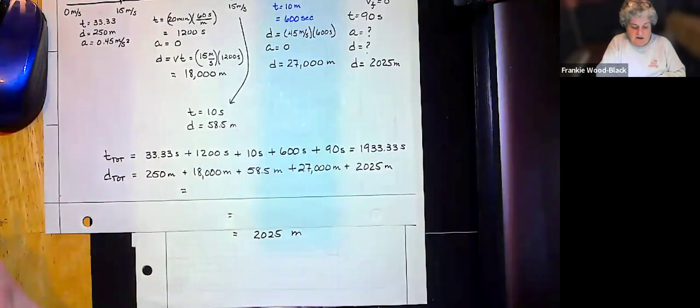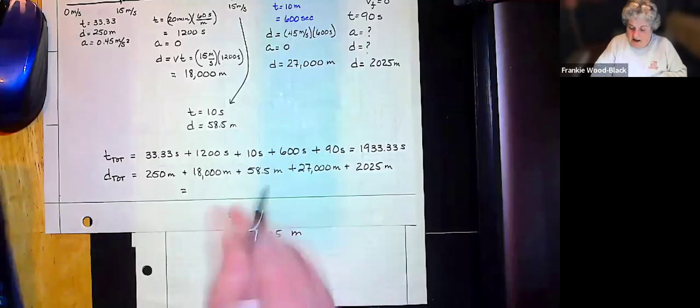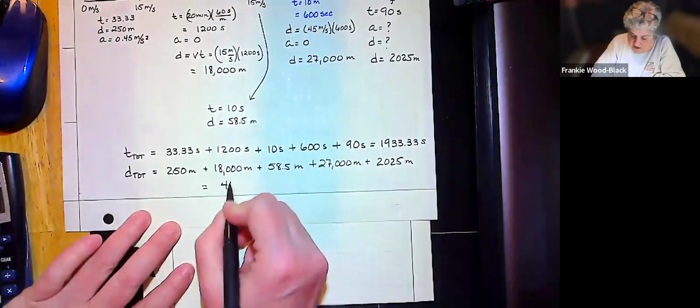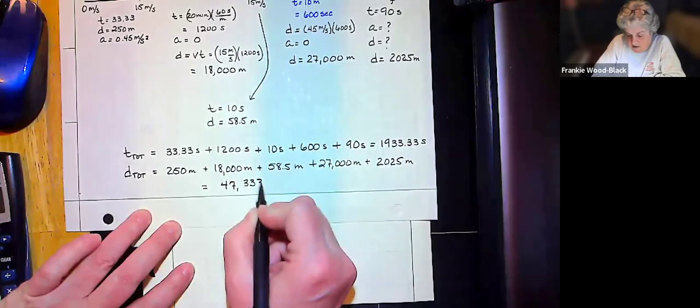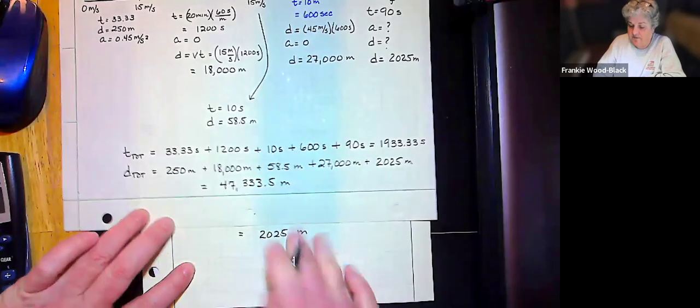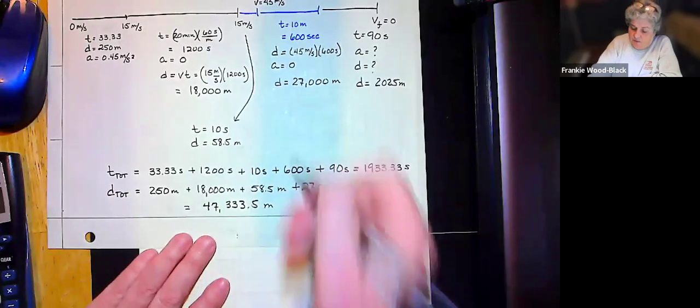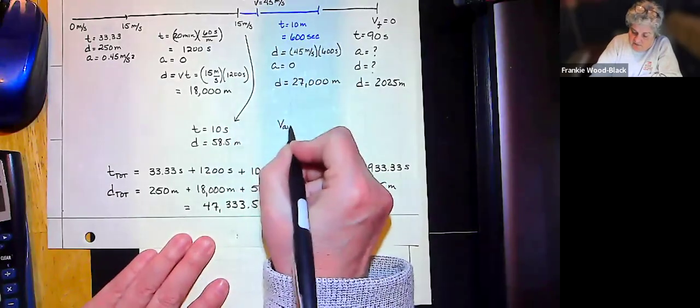Add all of those together. And I get 47,333.5 meters. The last thing we were asked, what was our average velocity?